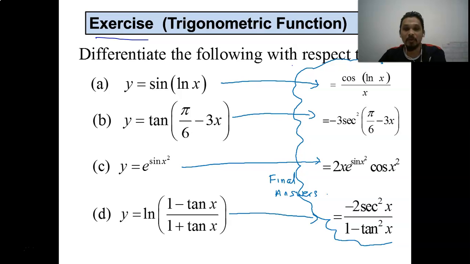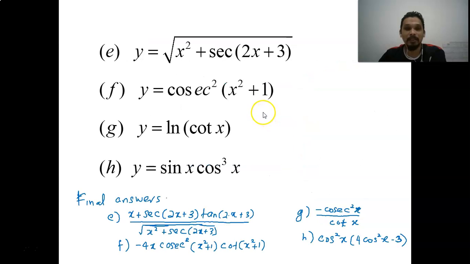Okay, so copy out the final answers and try by yourself. Okay, and also for the questions E, F, G, and H, and the final answers are all here. So try. Good luck.